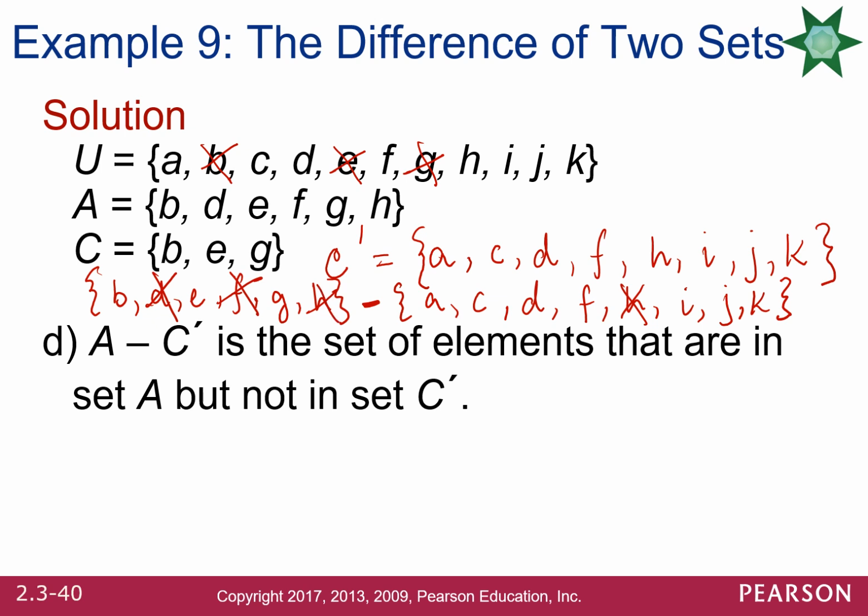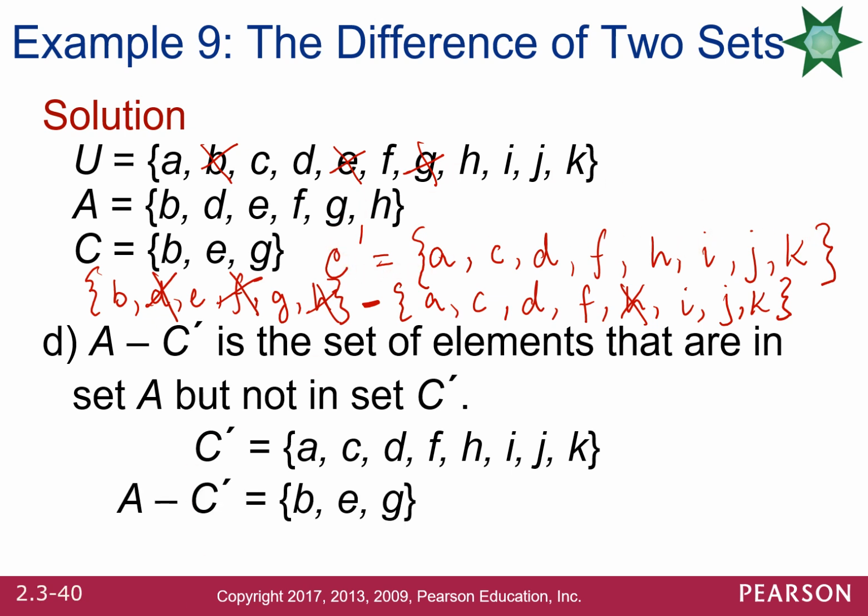So the list for A minus C naught is going to consist of the elements B, E, and G. So let's see what we have here. C naught is A, C, D, F, H, I, J, K, exactly what we got when we determined C naught. And then A minus C naught will therefore be B, E, and G. All right.